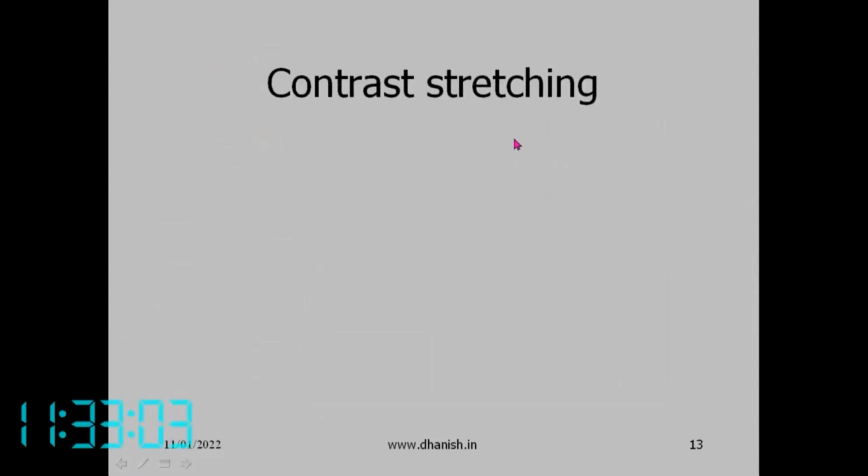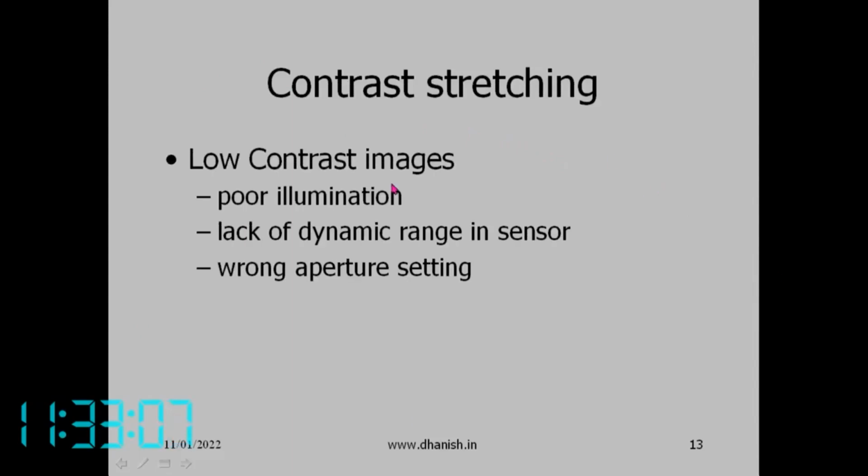This sort of operation is commonly used for contrast stretching. Low contrast images may happen because of poor illumination, lack of dynamic range in the sensor, or even a wrong aperture setting when you capture the photo.